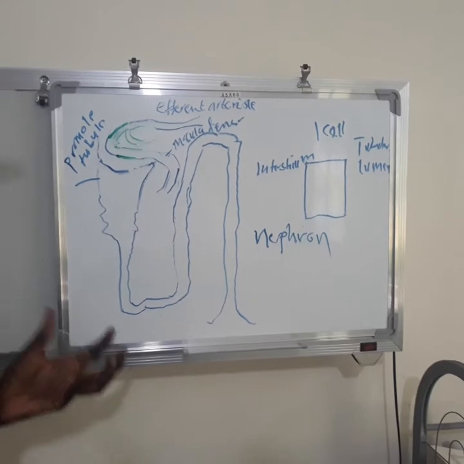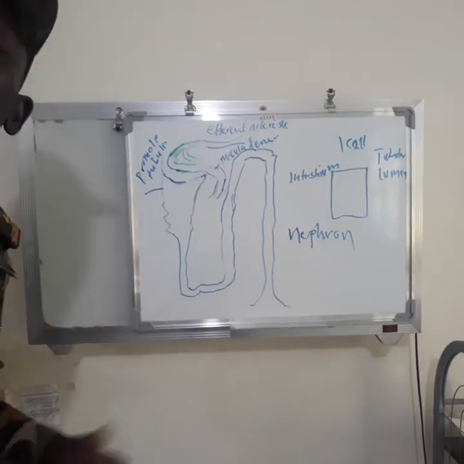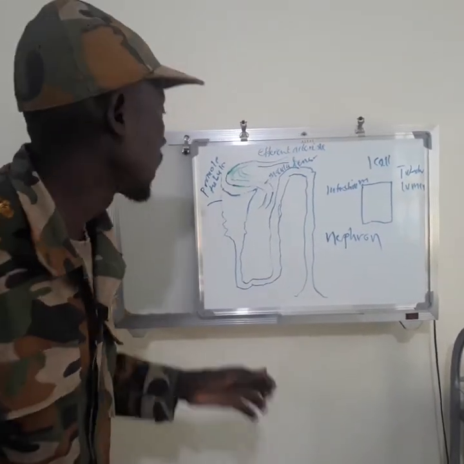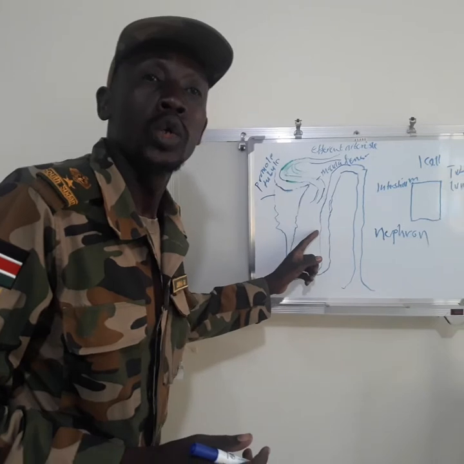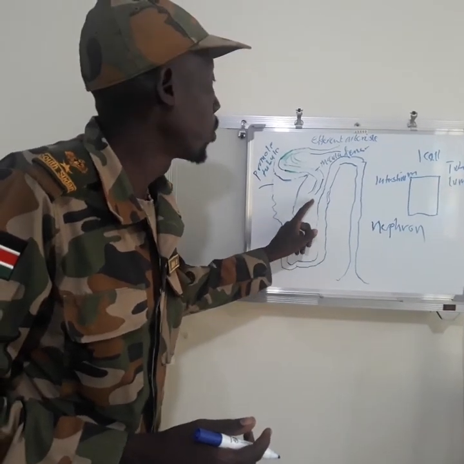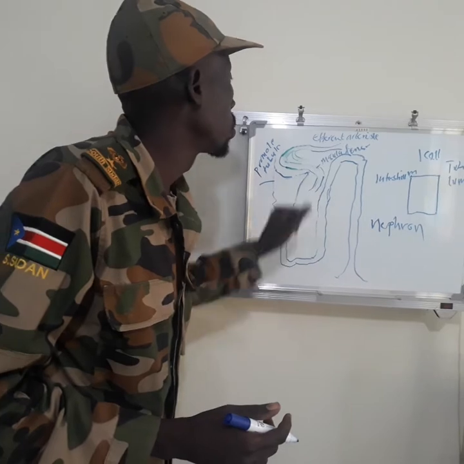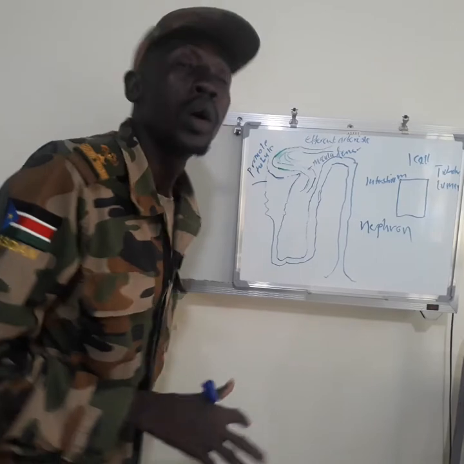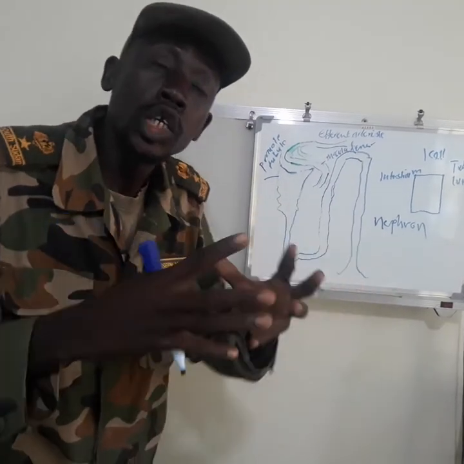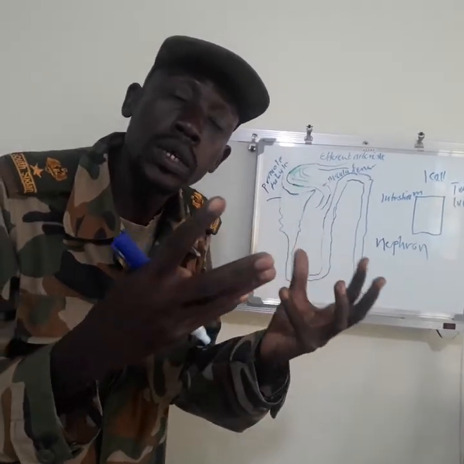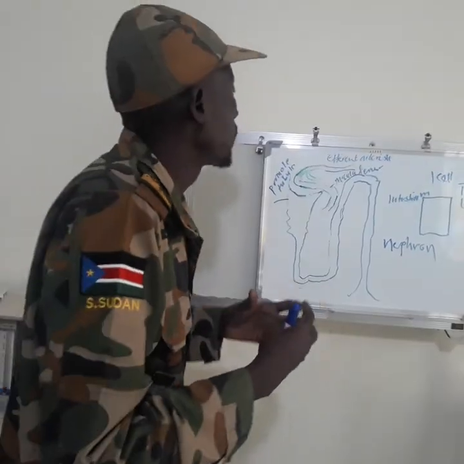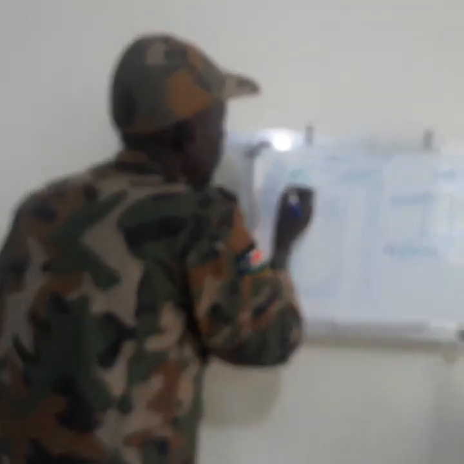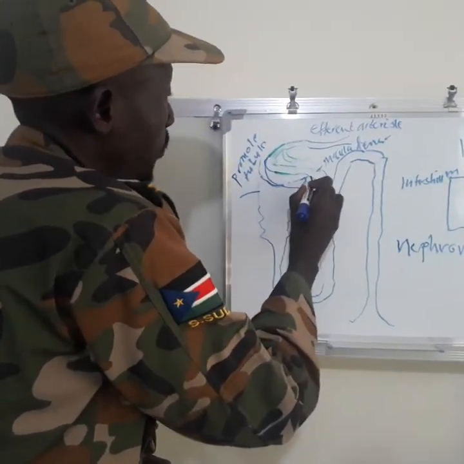Blood flows from the heart into the renal artery, and from the renal artery into the lobular arteries, and from the lobular arteries it gets into the afferent arteriole, which divides into a network of small vessels, and these vessels invaginate in the capsule called the Bowman capsule.